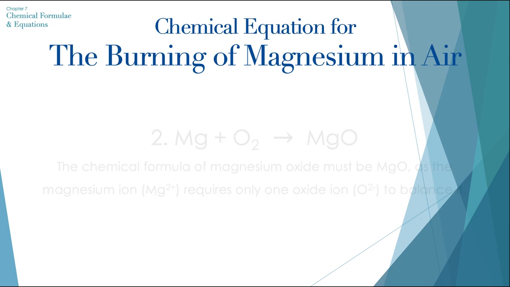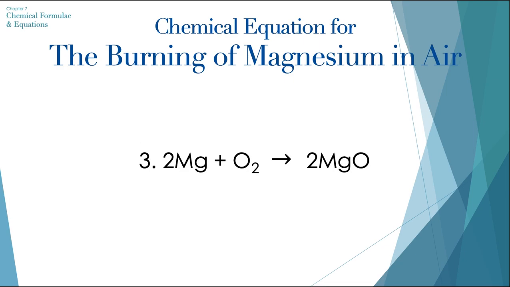Then the third step is to balance the equation. This involves making sure that the number of atoms of each element before and after the reaction is the same. If this is not true, then the law of conservation of mass has been ignored, which is obviously not allowable. Balancing equations is sometimes a little difficult, but it must be remembered that only the proportions of the reactants and products may be changed, not their chemical formulae.